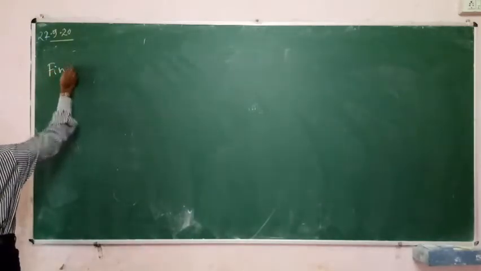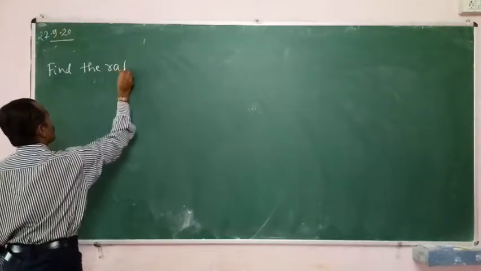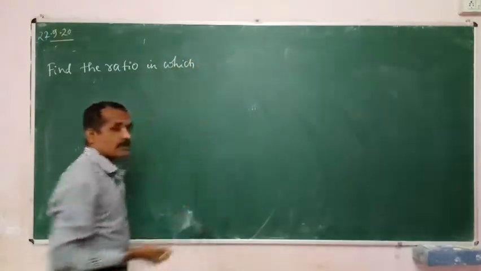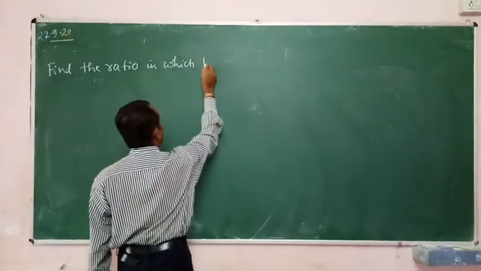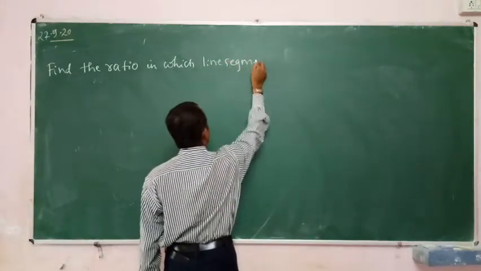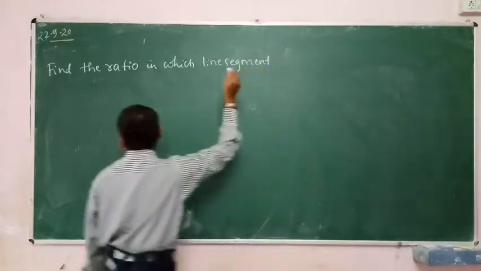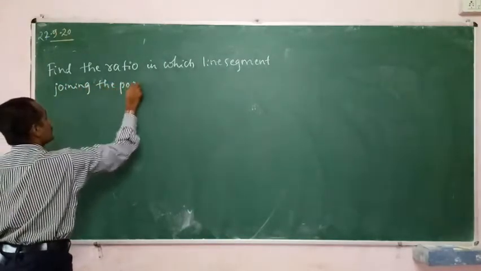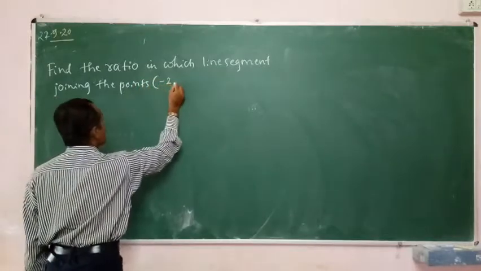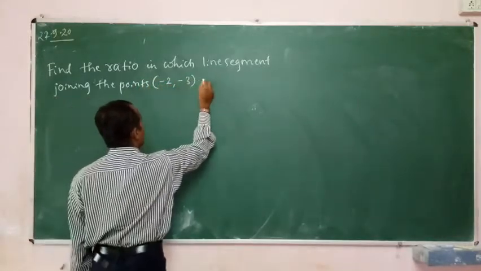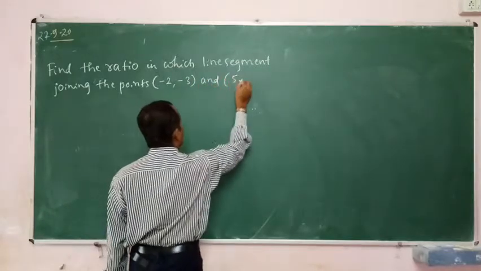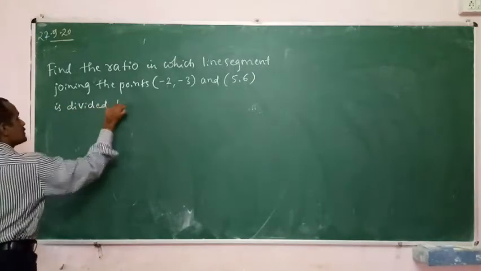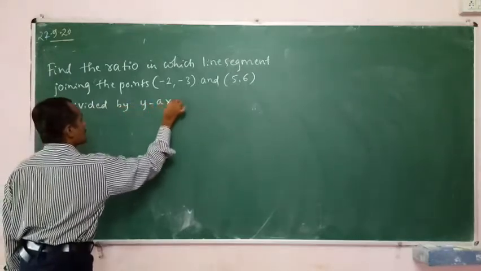Find the ratio in which the line segment joining the points -3 and 5, 6 is divided by y-axis.